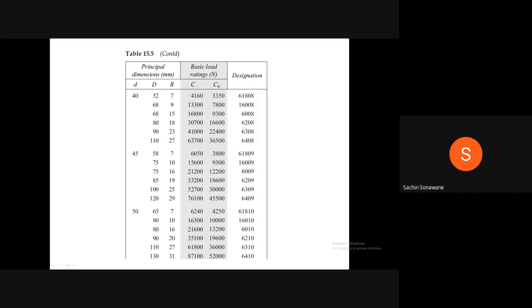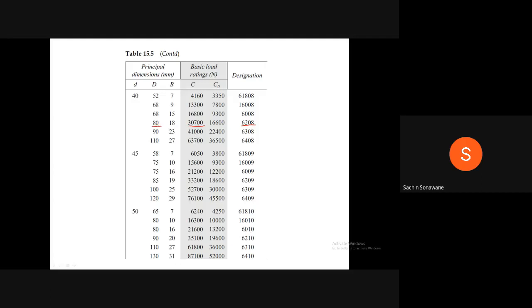For this, you just see here: 30,700 is the dynamic load capacity of the 6208 bearing. And what is our calculated value? 30.78, and this is 30.70. Therefore, it is nearly equal.